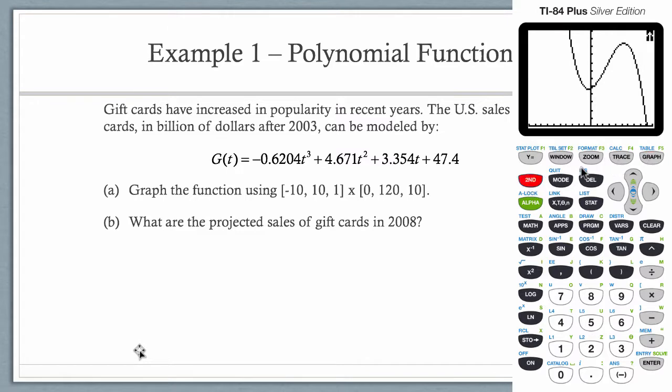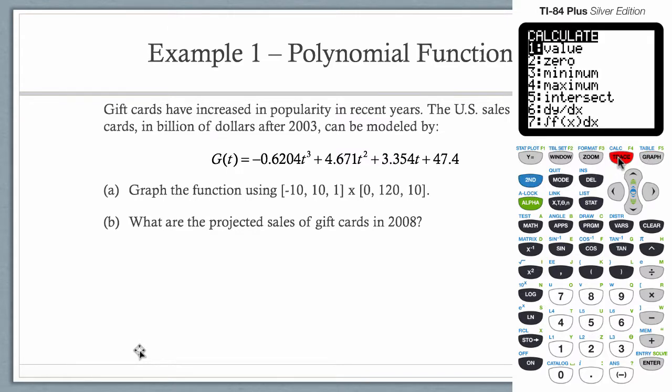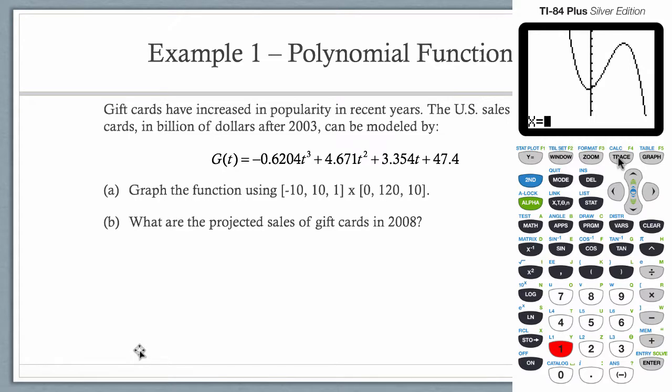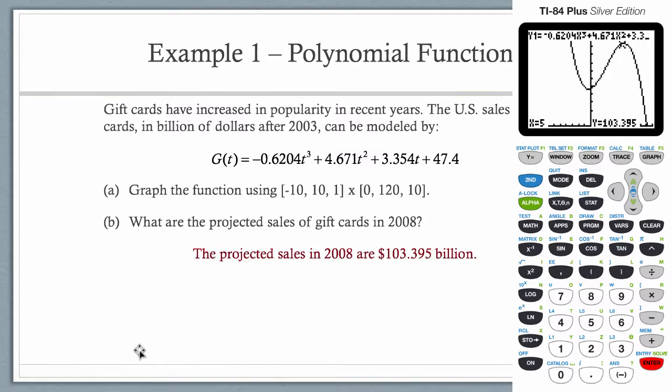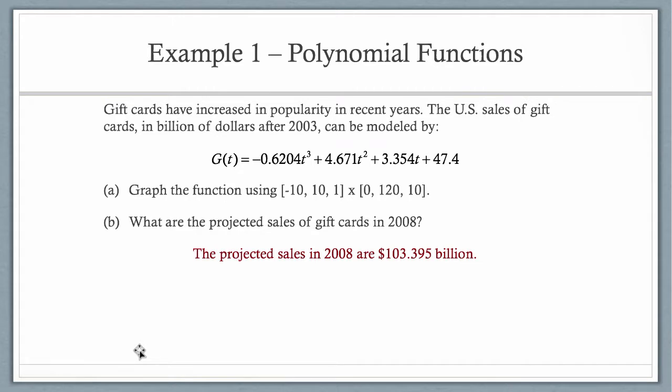The one that we want is option 1 for value. Now I'm going to set x equal to 5 since 2008 is 5 years after 2003. And we get our solution. We can now write this as a complete sentence. The projected sales in 2008 are 103.395 billion.